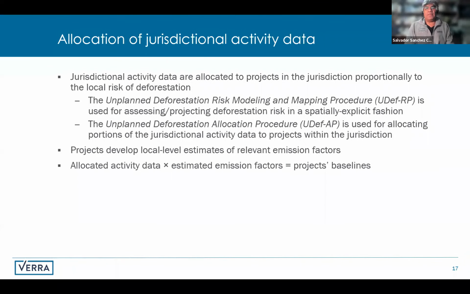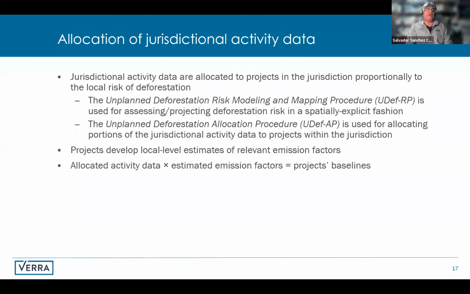Unlike the existing methodologies in which project proponents were responsible for projecting the rate and location of future deforestation in the project area based on the methodology's requirements, the consolidated REDD methodology adopts a jurisdictional allocation approach.